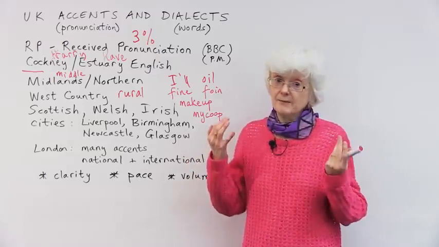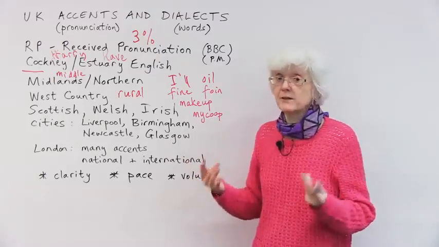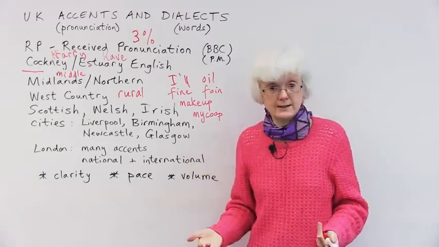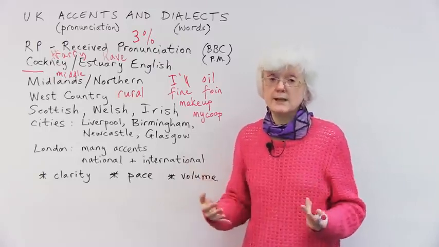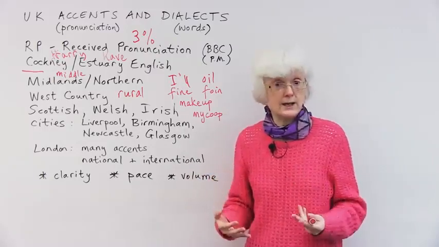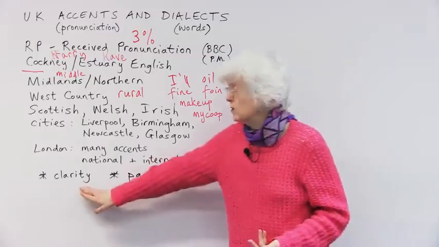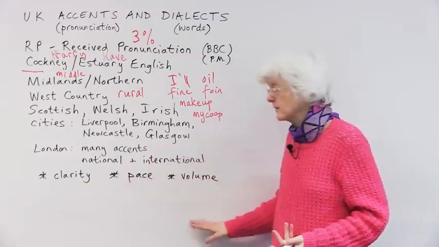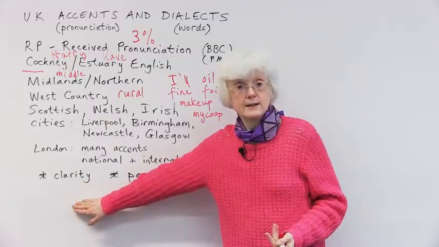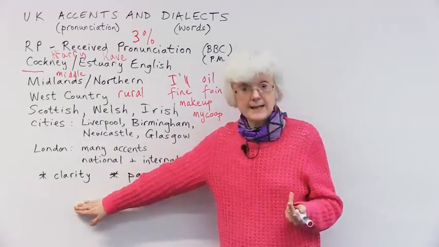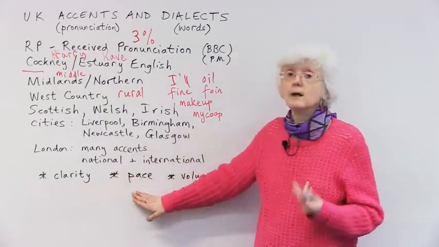But there are three main things that really matter with accent. It doesn't really matter so much which accent you use, as long as you have these three things. Clarity, that's if you speak clearly, okay?